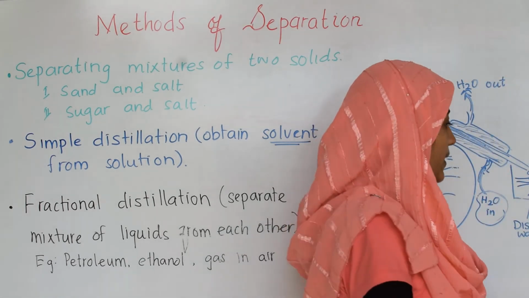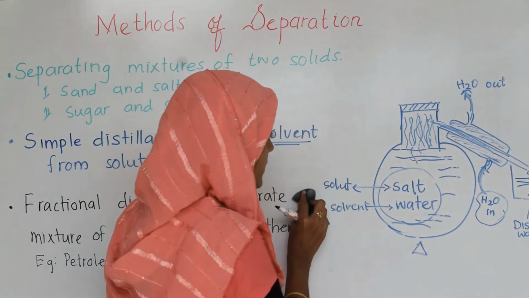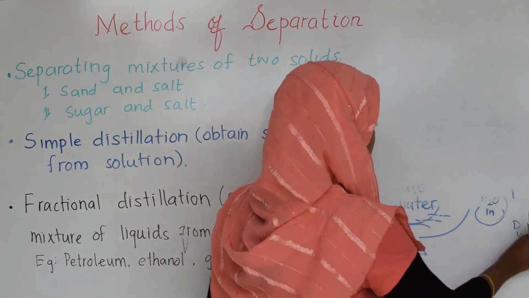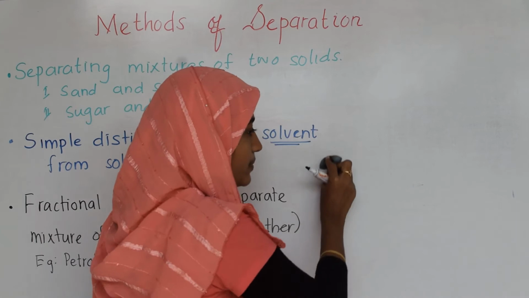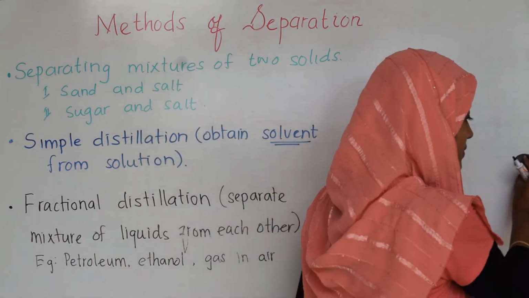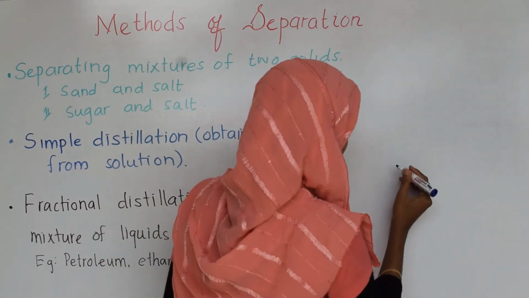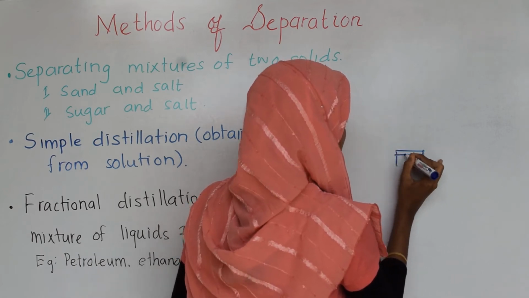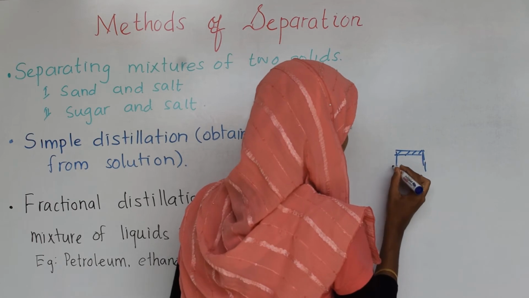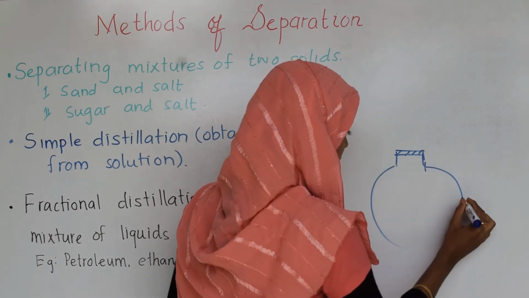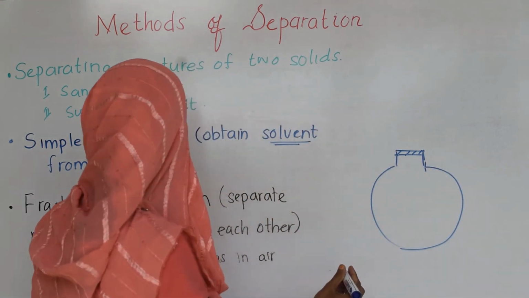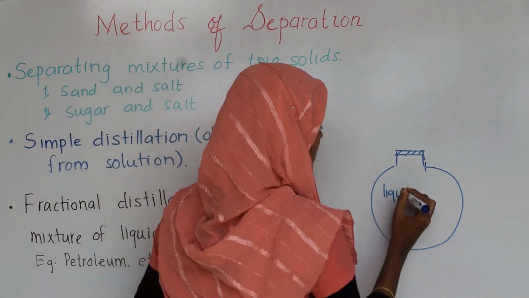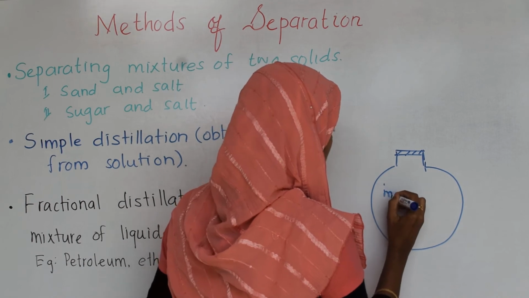Now for example, let's say I shall erase this and draw the setup for fractional distillation. Right, so even in fractional distillation you have this flask where you have the liquid mixture, let's say a mixture of liquids.